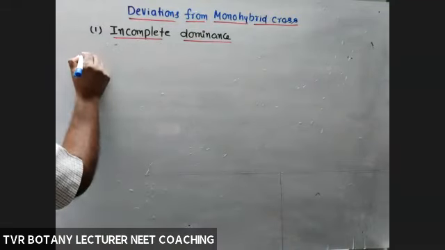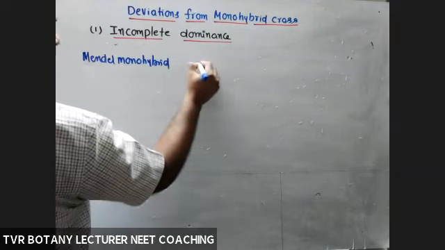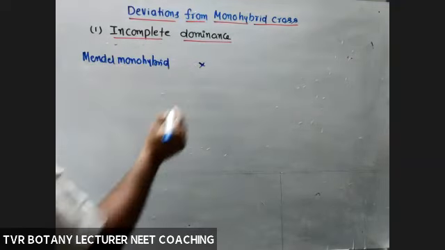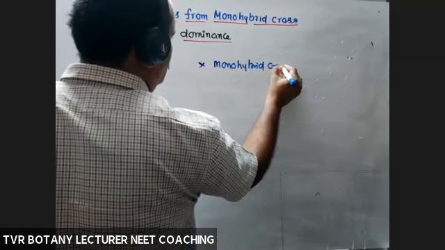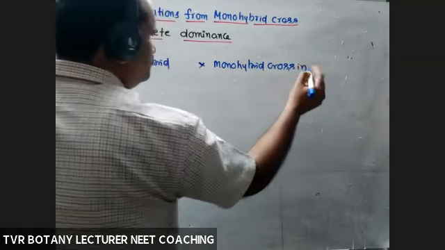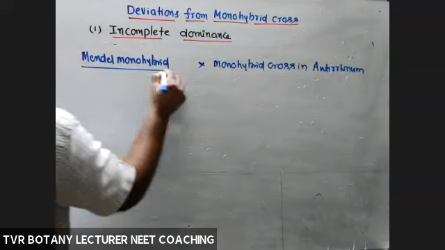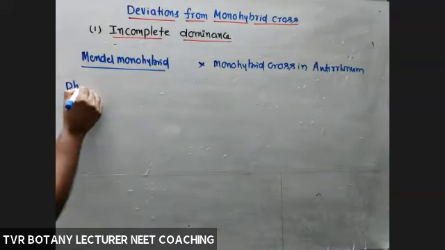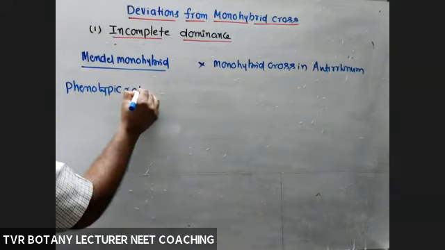So take here Mendel monohybrid cross versus monohybrid cross in Antirrhinum plant. So here the phenotype ratio is 3:1.